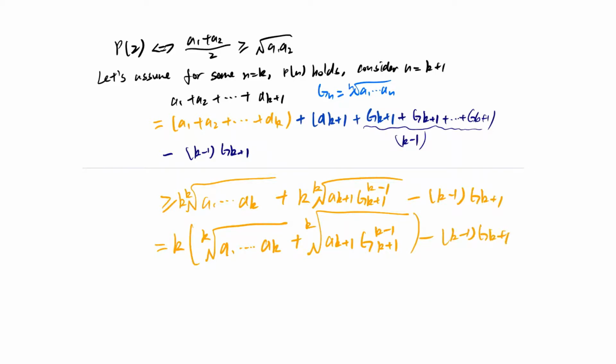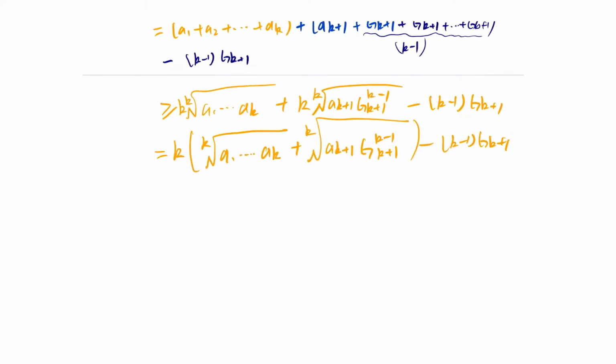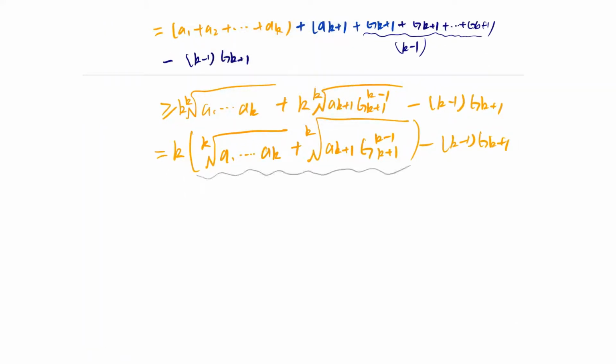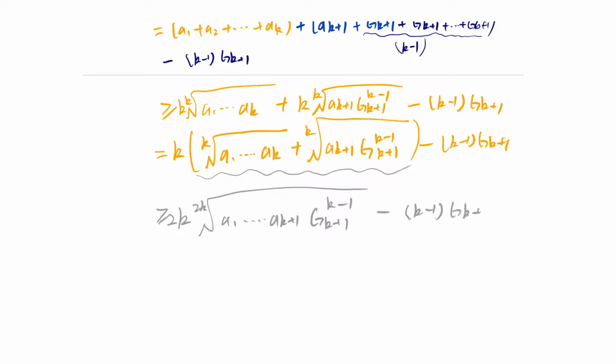And applying our assumption on these two variables, we will have this is larger or equal to 2k times the 2kth root of a_1 times all the way up to a_{k+1} times g_{k+1}^{k-1}, minus k minus 1 times g_{k+1}.